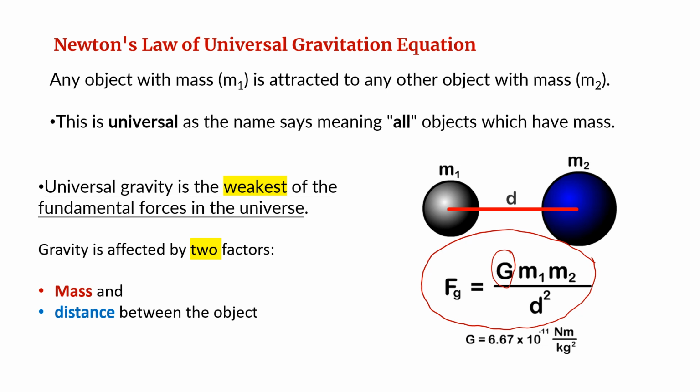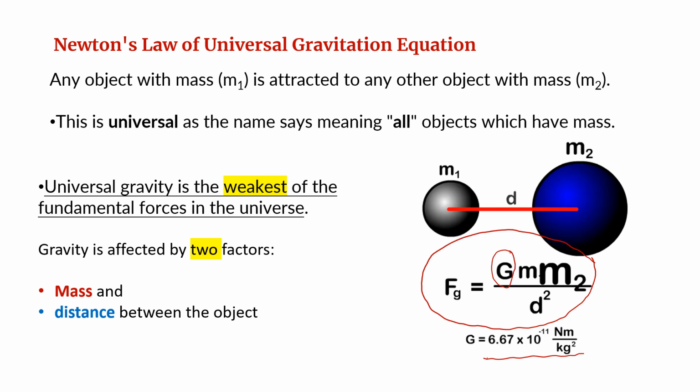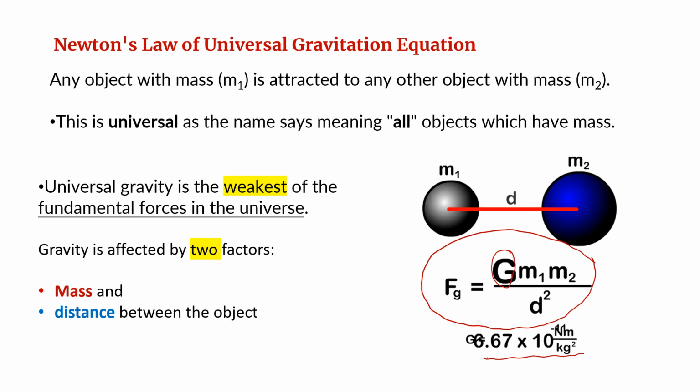The reason we call it universal is because we use this value, 6.67 times 10 to the power negative 11 newton meter squared per kilogram squared. This is the value of the gravitational constant, which is applicable for any object around you. It can be between two planets, or even between a pencil and an eraser.